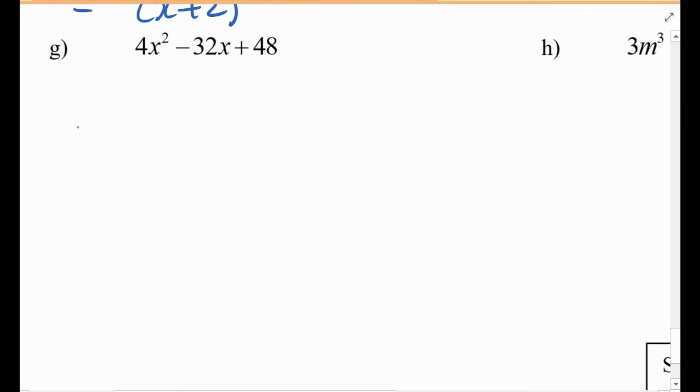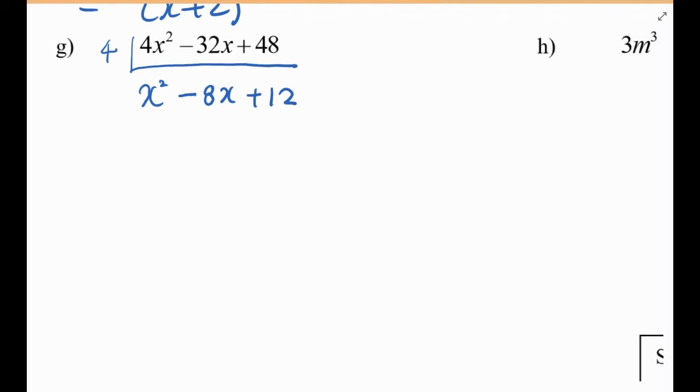Before we start solving this, I want you to look at this and find if there's any GCF. There's a GCF of 4. So factor it out. And it becomes x squared minus 8x plus 12. So we're going to find two numbers that multiply to positive 12 and add up to negative 8.